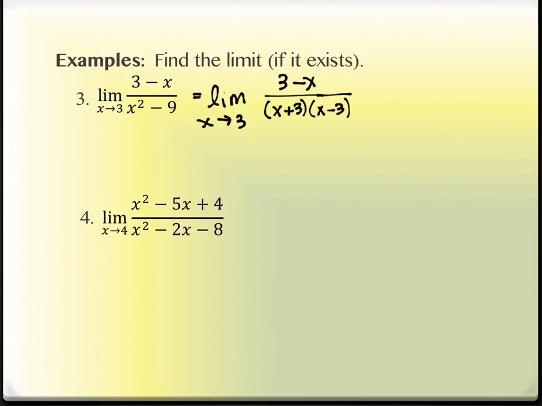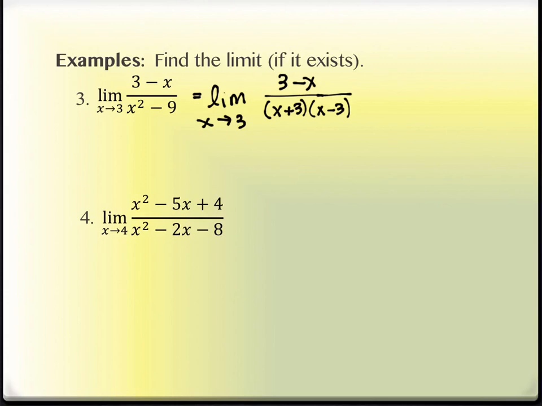And if we look at the numerator versus the denominator, they don't have any perfectly identical pieces, but there's a piece that is close. So which piece in the numerator and the denominator is almost the same? Yeah, the x minus 3 on bottom and the 3 minus x on top. The only thing different is the signs are in the wrong place, right?